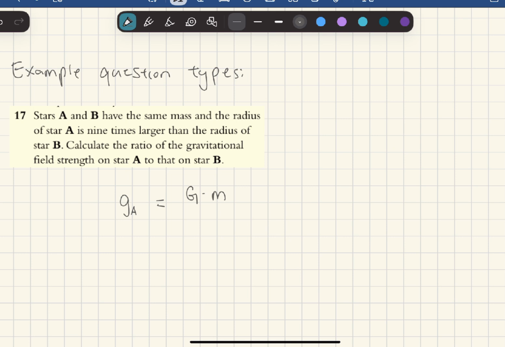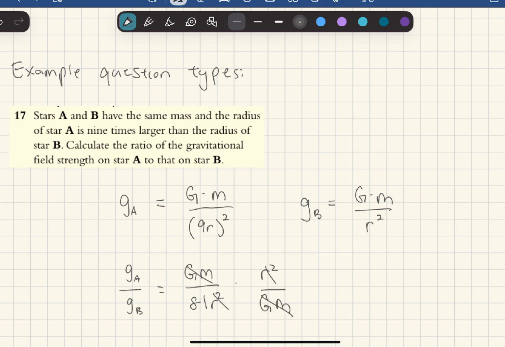They have the same mass, and the r is 9 times that of B. To make things easier, I'm just going to have r be the radius of B. So this would be 9r squared. And gB would be equal to G times M over r squared. If we find the ratio of these, we'll find that the ratio is 1 over 81.